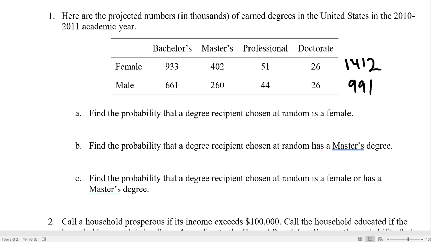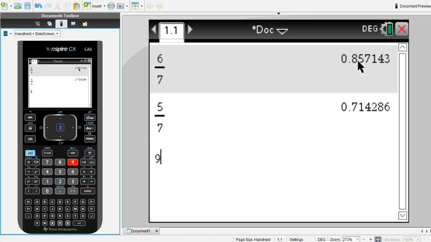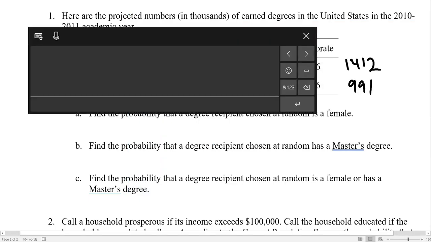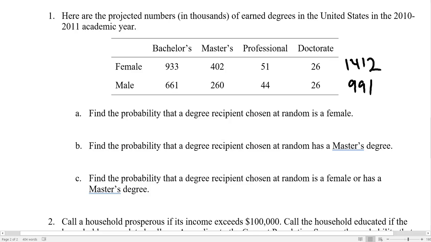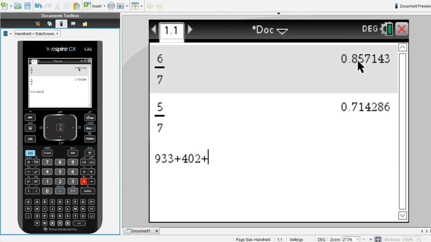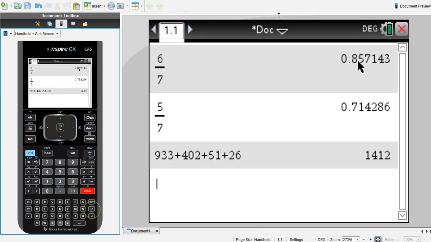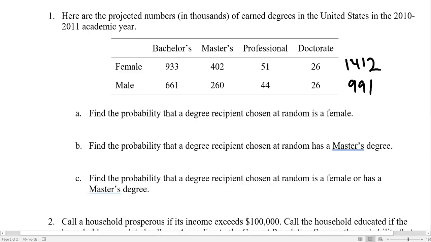Let's just check that one. 933, 402. What was it? 51 and 26. 14.12. Hey, look, I can't do mental math.